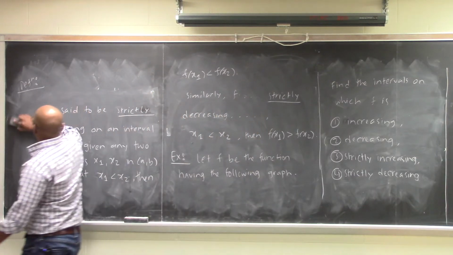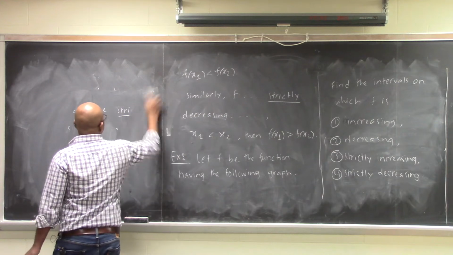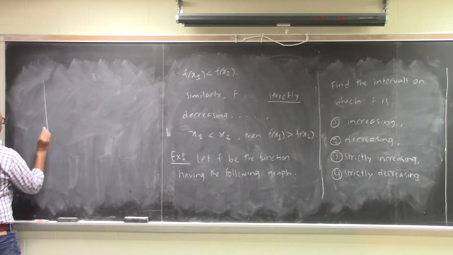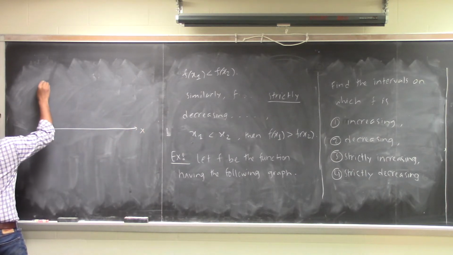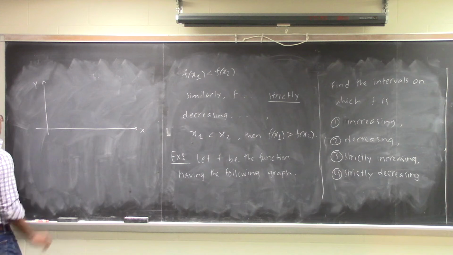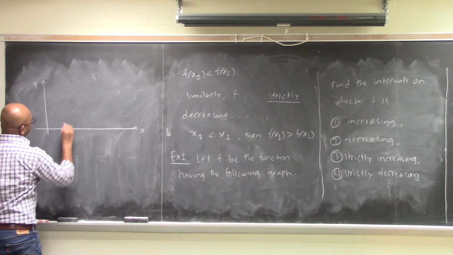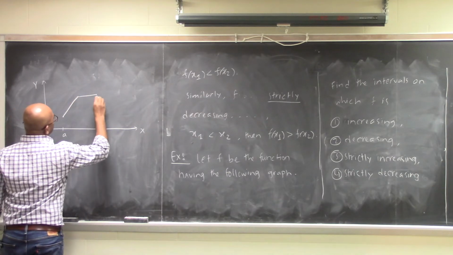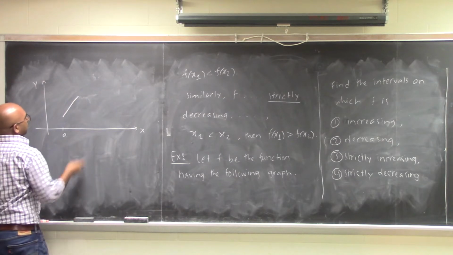So what is the graph? The graph will be very simple. So this is A, and from A you go like this, go like that. Actually, this should be a horizontal line.